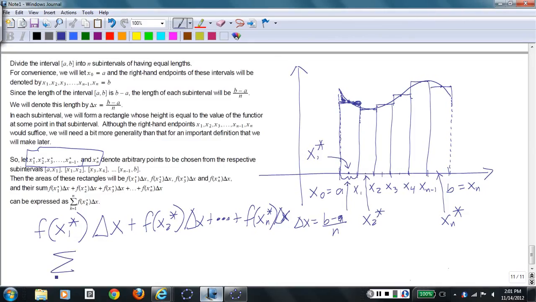Sigma k equals 1 to n of f of x sub k star times delta x. Now if they have constant width, the delta x could be passed in front of the sigma notation. If that doesn't change as the value of k changes, then we could bring that in front, but it's ultimately not going to be necessary. We're going to want to allow for the possibility that delta x could depend on k, although it does not in this case.